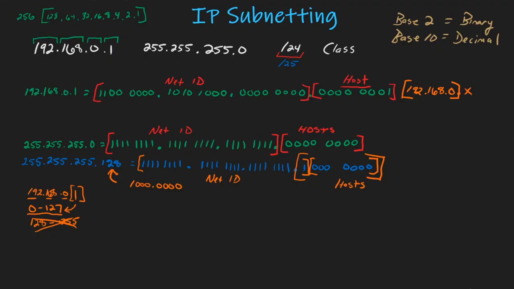Remember, we have 8 bits per octet, right? So in IPv6, there's actually 16 bits per octet, and there's 8 octets instead of 4. So that makes the address 128 bits long for IPv6 compared to the 32 bits that is present in IPv4.